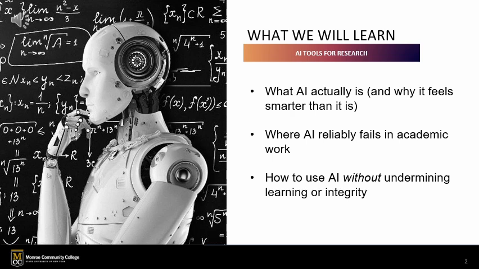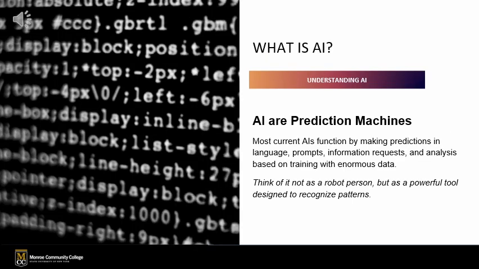It fails more often than you'd think and in predictable ways. And third, this is the most important part, we'll discuss how to use AI responsibly in ways that support your learning rather than replacing it. That's where most students get into trouble, not because they're trying to cheat, but because they don't understand the line between help and harm. Let's start with the basics.